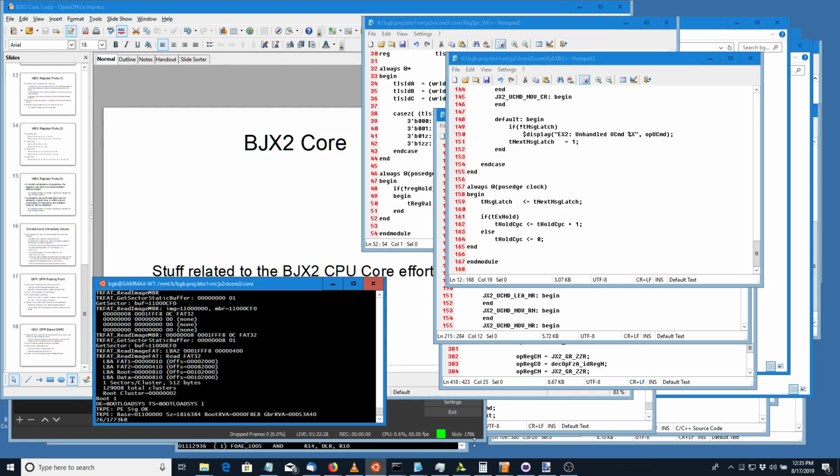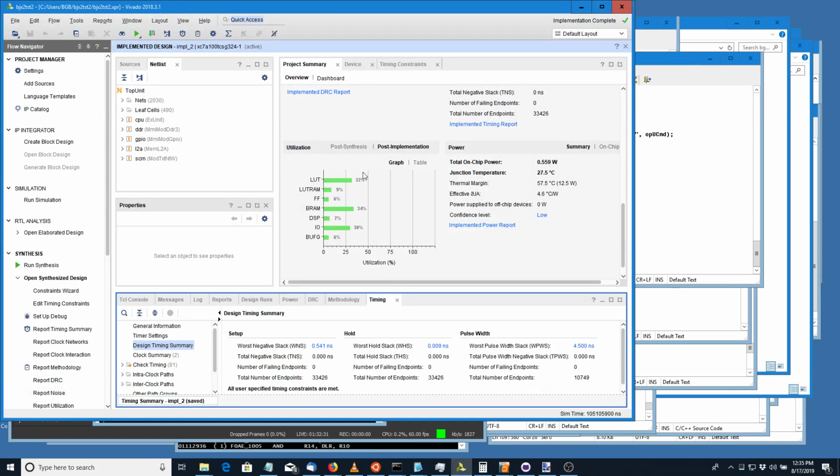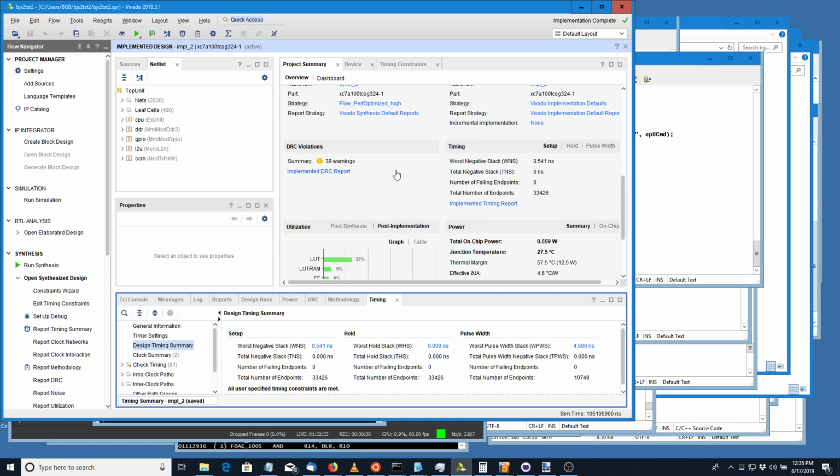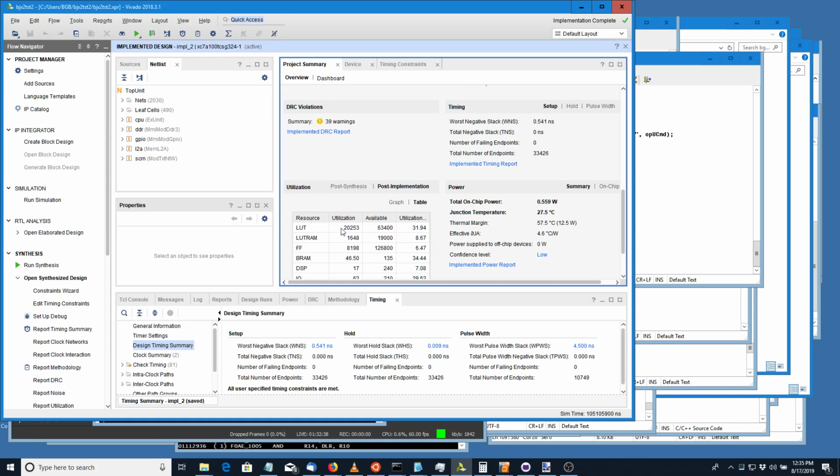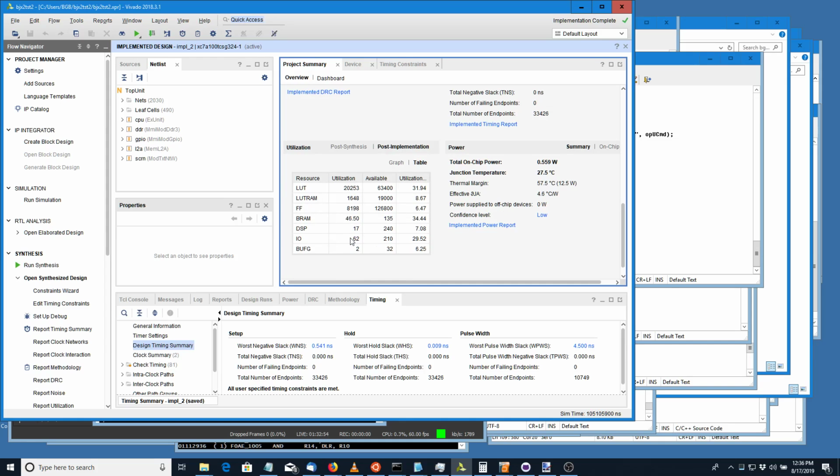And what is the current cost in Vivado? Well, this is for the 3 wide core in the Vivado, and its cost is currently roughly around 20,000 LUTs, with almost 2,000 elements used up for LUT RAM, which is not too unusual.